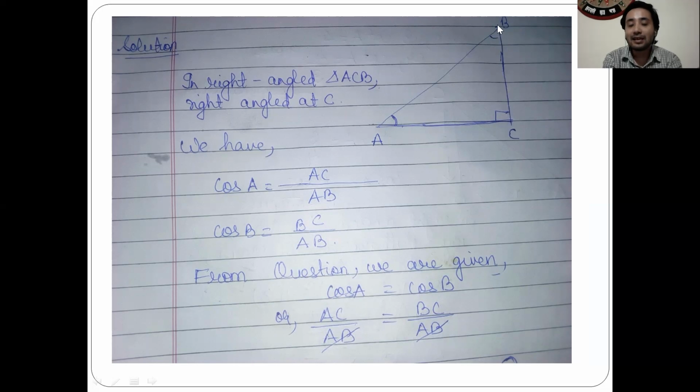So base by hypotenuse. The hypotenuse will always remain the same, from whichever angle we are viewing. So cos B is equal to BC divided by AB, and for cos A, since we are viewing from A, the base will be AC divided by the hypotenuse AB. The hypotenuse AB will always be the same.